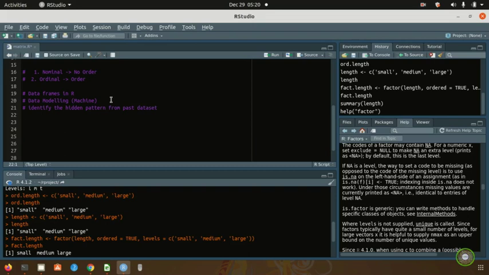This pattern helps us in future value prediction over the same data. So it helps us identify the hidden pattern from the past data set and predict our future data.